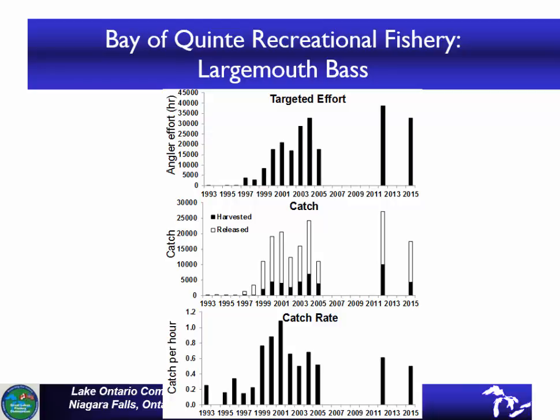Estimated catch was about 17,500, and the catch per angler hour in 2015 is similar to what we've been seeing since about 1999, which is a higher level than what occurred through the 1990s. So we do think some of the ecosystem changes that have happened, improvements in water quality and vegetation growth in the nearshore areas, have perhaps improved the quality of habitat for largemouth bass.